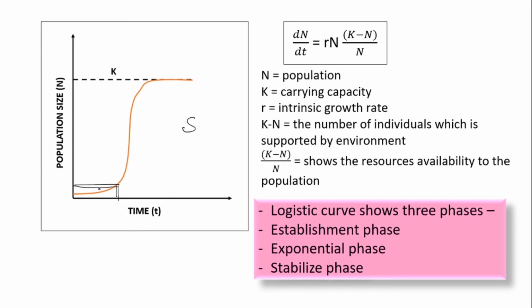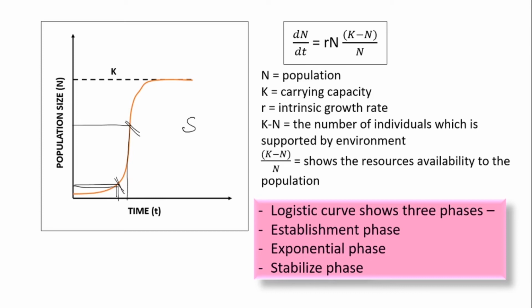Here the population shows acclimatization with the environment, and after this point the population starts to divide exponentially, and that is why after this point the population starts an exponential phase up to this point. This is called the exponential phase of any population, and after this point the population starts to stabilize itself, because it almost approaches its carrying capacity.